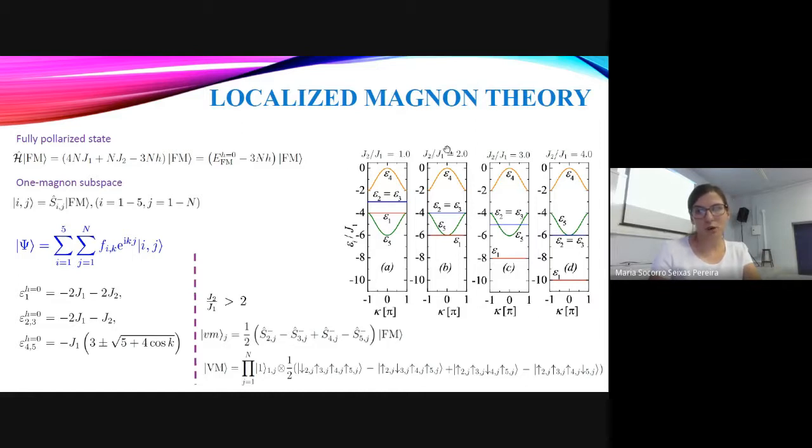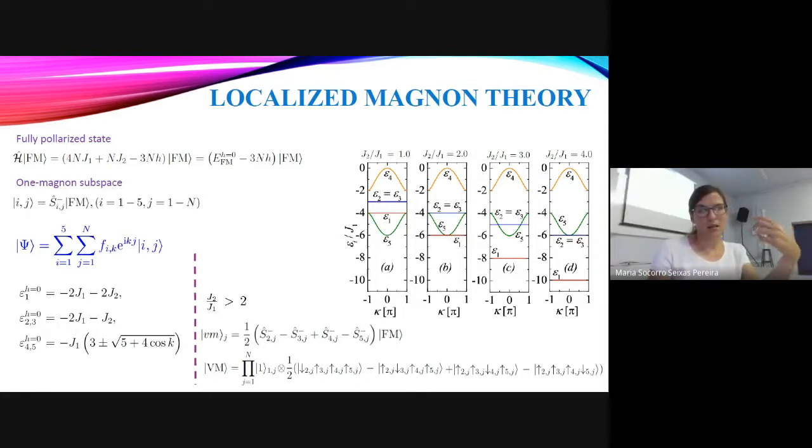And if J2 over J1 is greater than 2, then the lowest state will be a flat band with the energy epsilon 1, given by this vector with the character of a one-magnon state on the square plaquette, and the localized character of this one-magnon state allows us to create one-magnon states on each square independently.